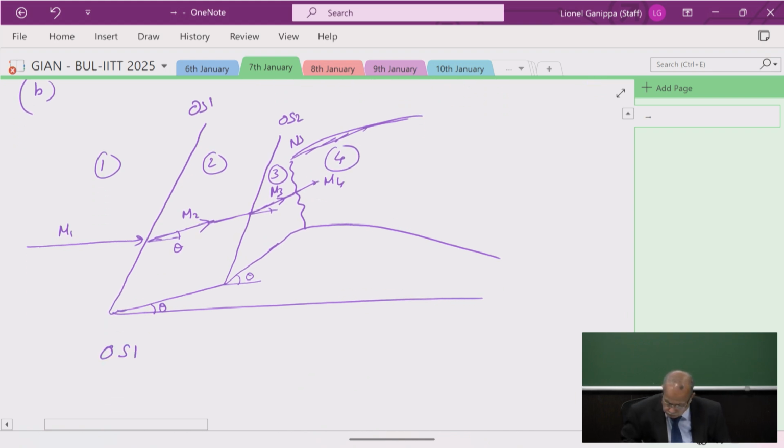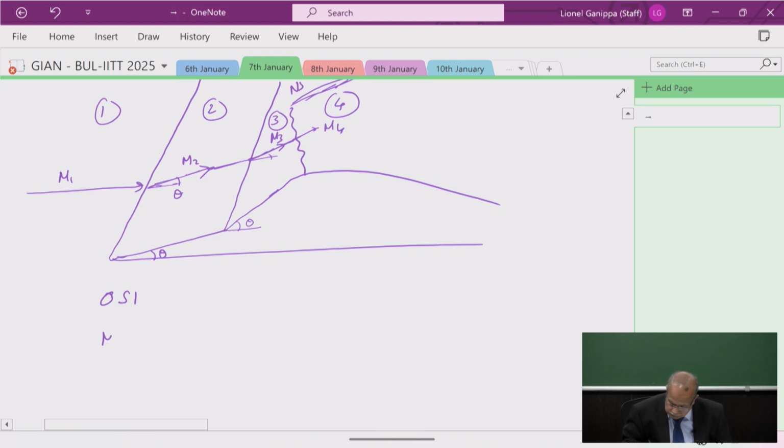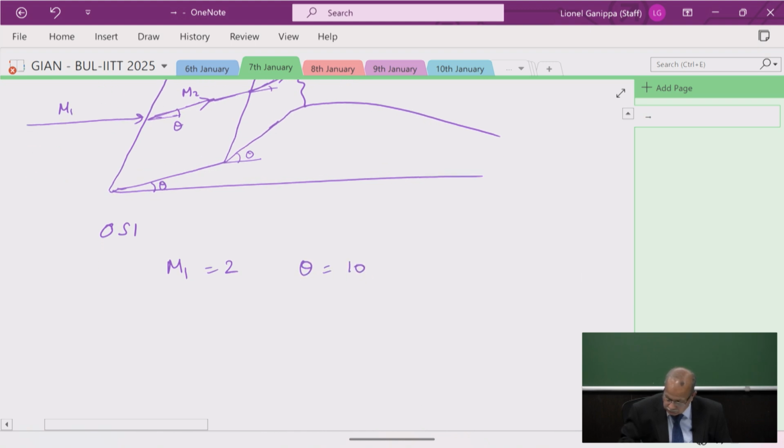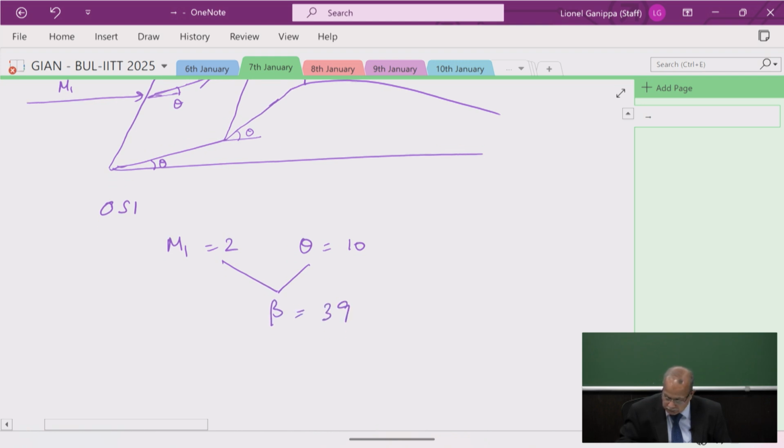So let's put the title oblique shock 1. What is M1N? So before that, M1 is 2 and theta is equal to 10. Then you have found the value beta as 39.